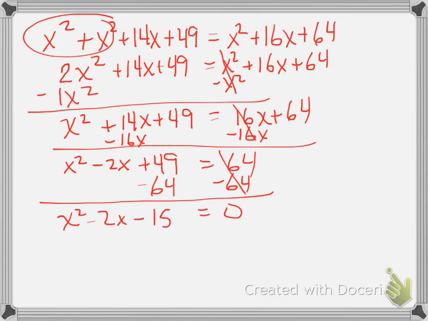And now I can factor it. What times what makes negative 15 but adds to negative 2? That would be negative 5 and positive 3.